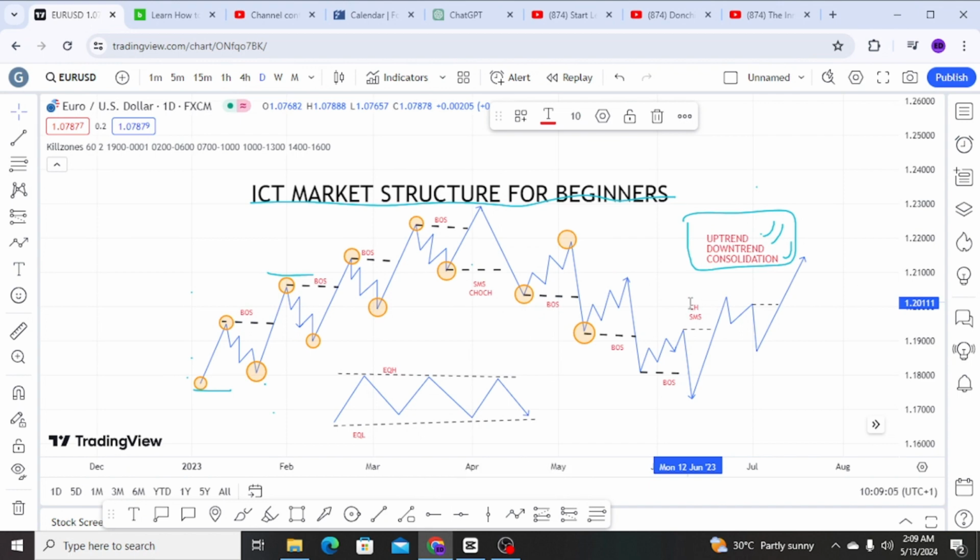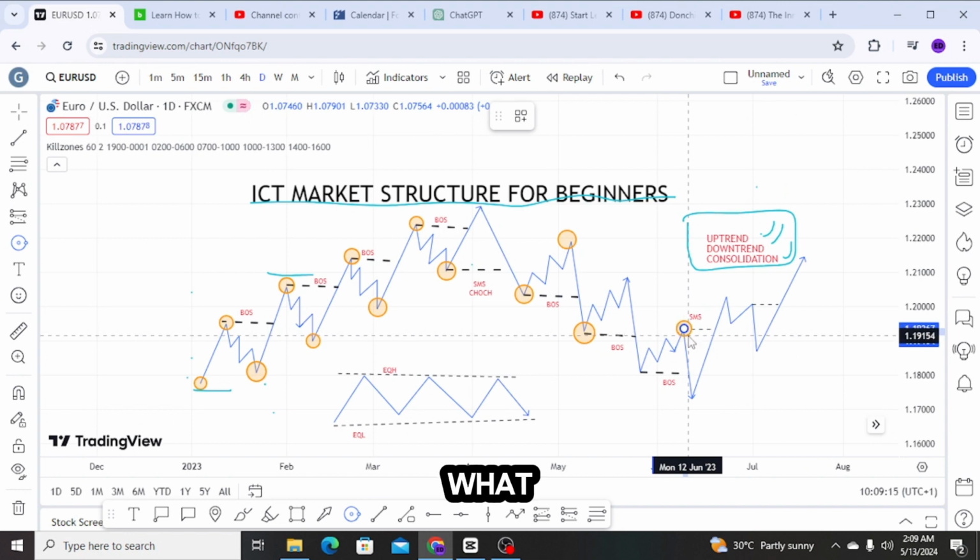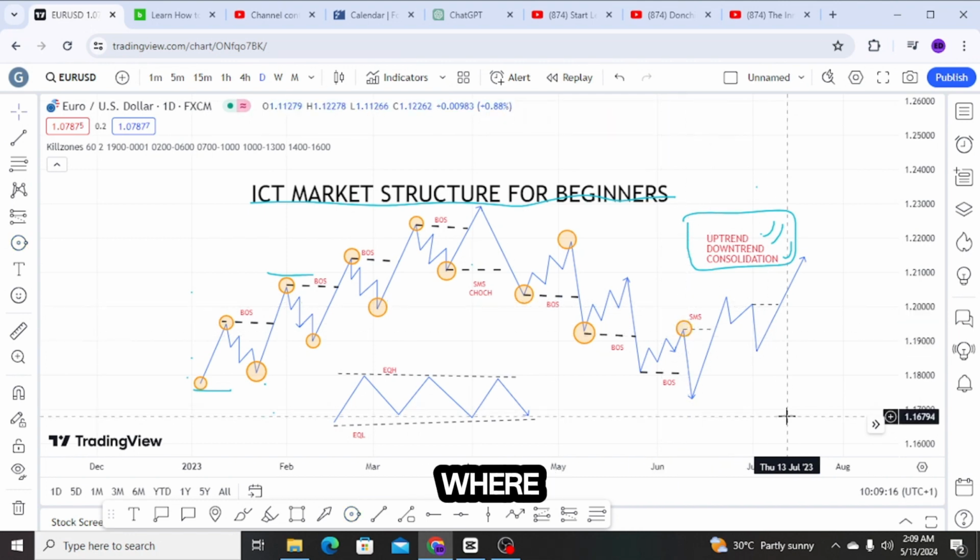This is where it happened, because the market has taken out this previous higher low right here. Are you seeing what I'm showing you? These are the ways you find these things in the market, and now we are in another uptrend.